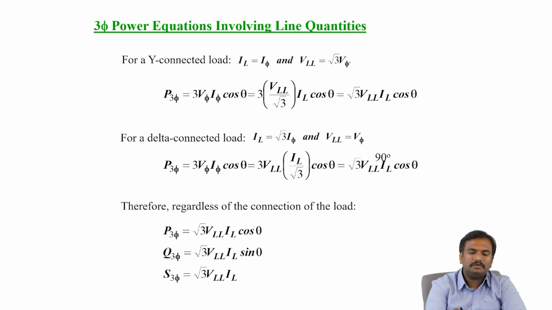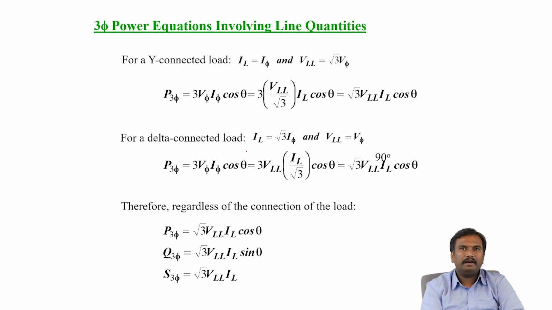If we substitute V phase as VLL by root 3, then 3 into V phase into I phase into cos theta is equal to 3 into V line to line by root 3 into IL cos theta, which is equal to root 3 into VLL into IL cos theta.